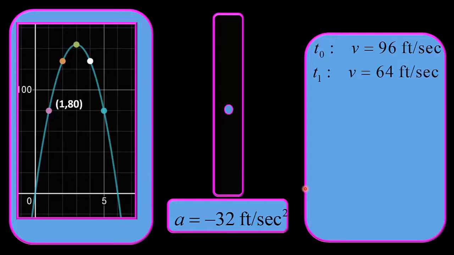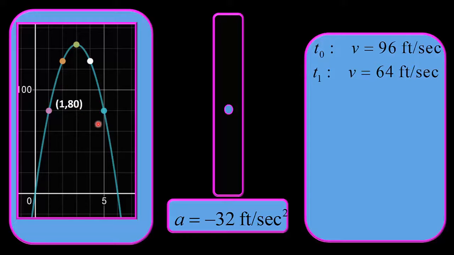What's happened here is I took the 96 and subtracted the 32 from it. That's where I got this 64, because acceleration is decreasing the velocity at this rate, negative 32 feet per second, every second. So the height of the object at that point is 80 feet. So after 1 second, the object is at 80 feet.